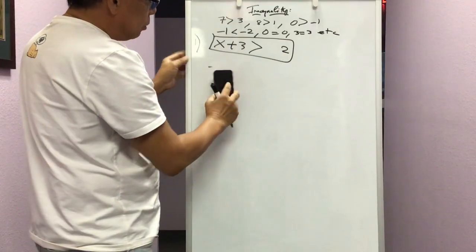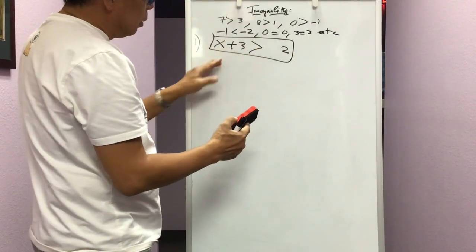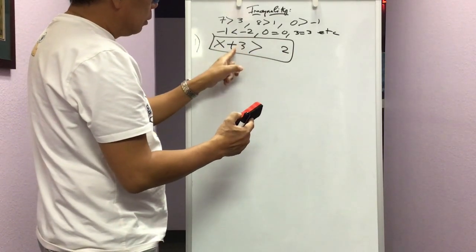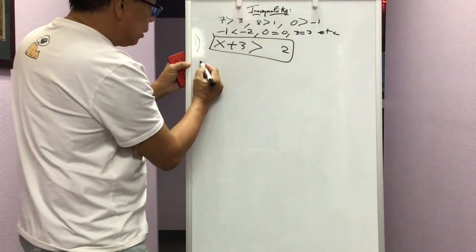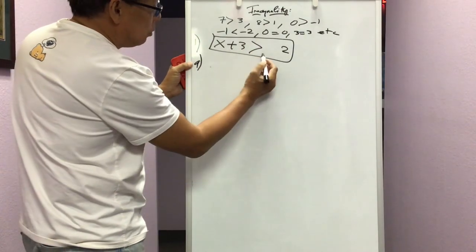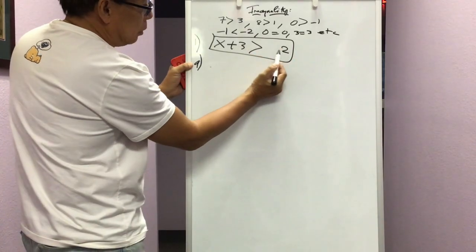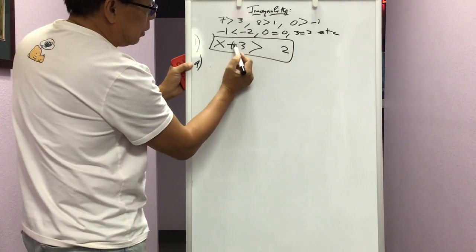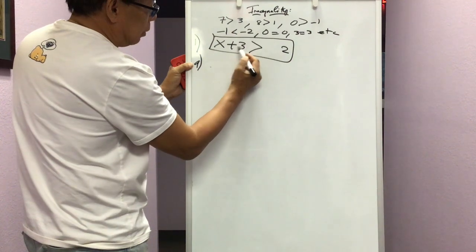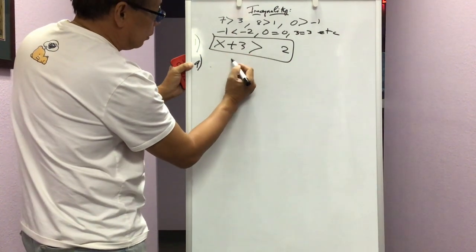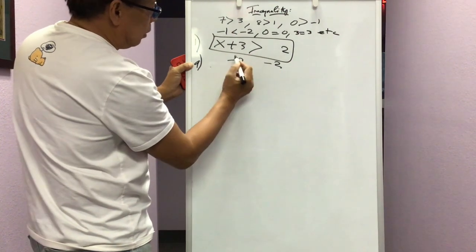To solve x plus 3 greater than 2, the first thing you have to do is move everything to one side so that one side equals 0. So you move the 2 to the left, subtracting 2 from both sides.